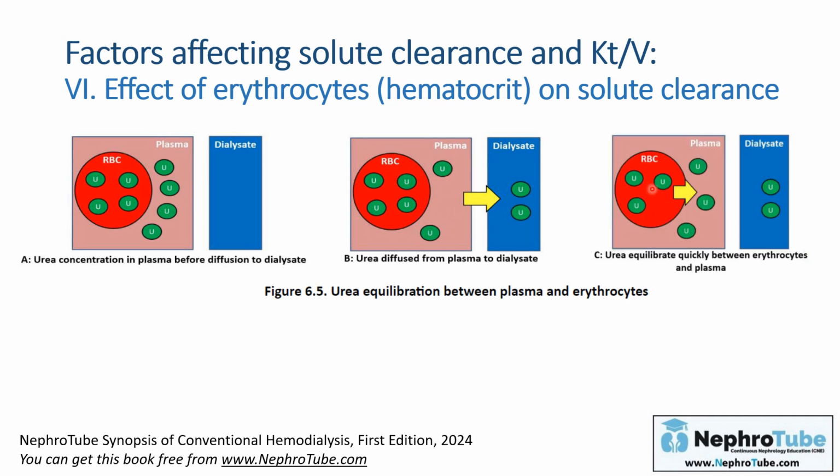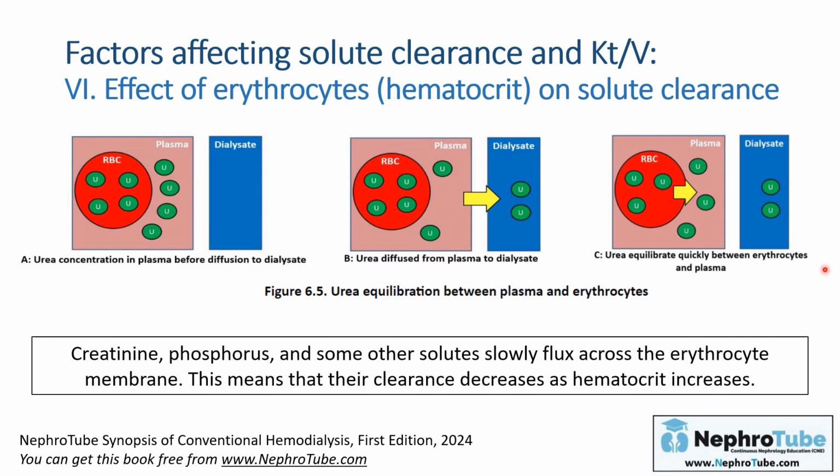Then urea will equilibrate as it moves from the RBCs again to the plasma, and then from the plasma to the dialysate. So urea movement away from the erythrocytes is very easy and very rapid. So any increase in the RBCs amount will not affect the urea clearance, because urea can move out from the RBCs rapidly and then to the dialysate.